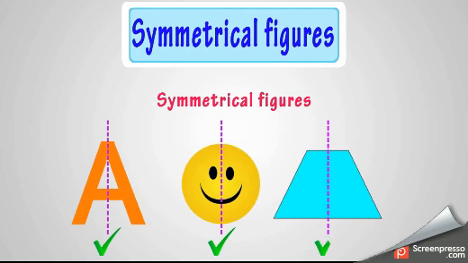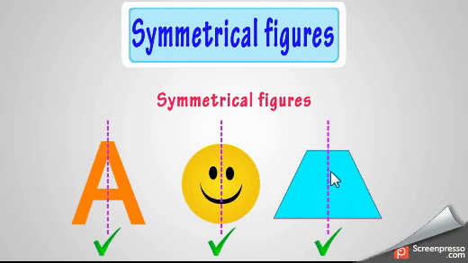This is a symmetrical figure. What is this? This is a trapezium, but not any trapezium. This is an isosceles trapezium. When I draw the line of symmetry here, it will divide the trapezium into halves, the first half and the second half. When I fold the second half on the first half, they will completely cover each other, so this is symmetrical.